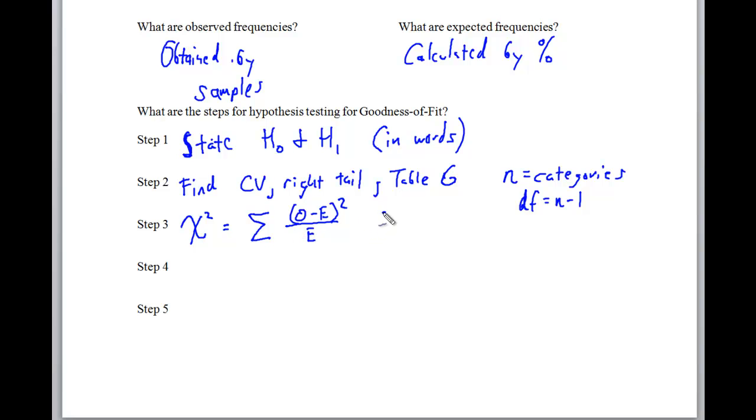Now, here's a little asterisk that you might have to keep in the back of your mind. The categories must have at least 5 people in them. Must have 5 or more people or data points.